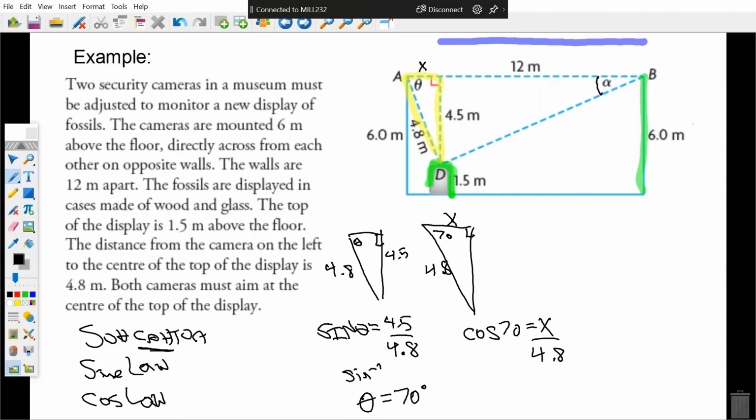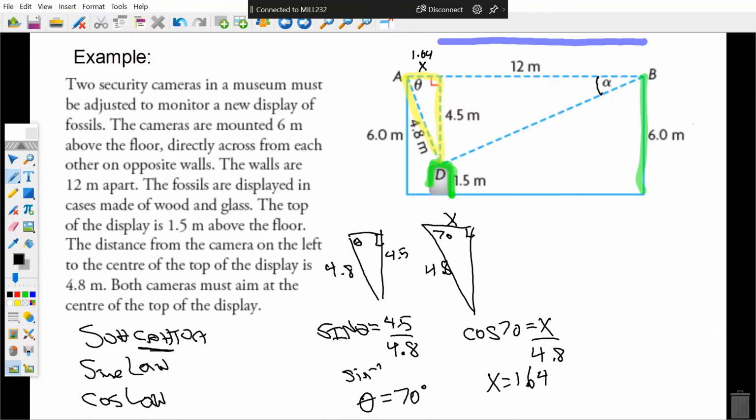The X is on the top, so we're going to multiply those two together. So cos 70 times 4.8. X is 1.64. So if this distance right here is 1.64 and the whole thing is 12 across the top, right?